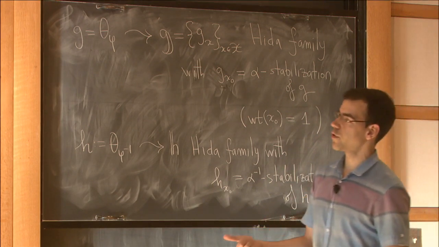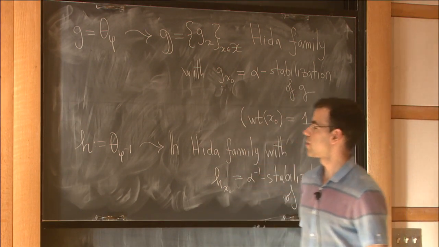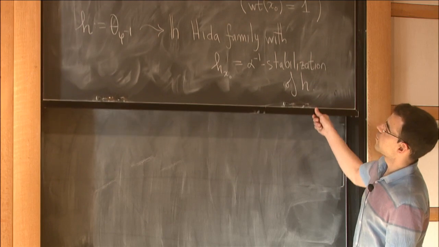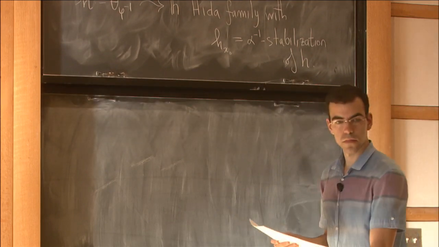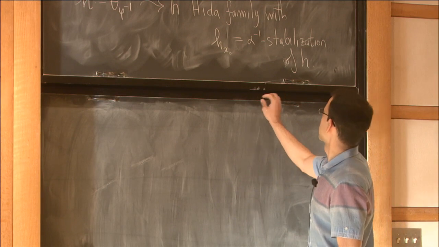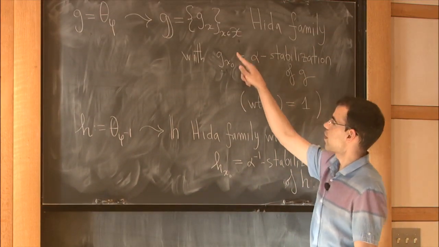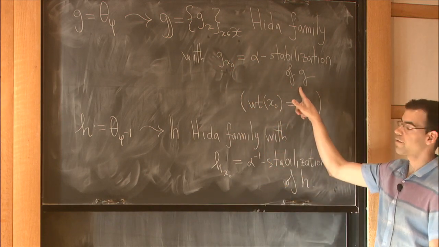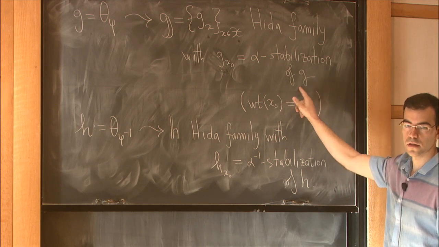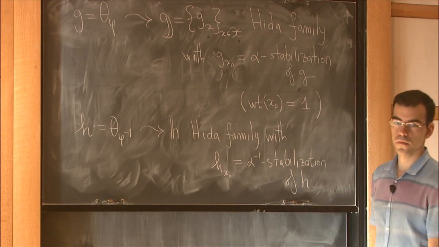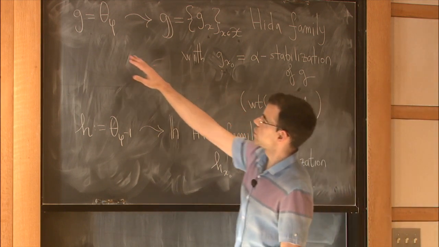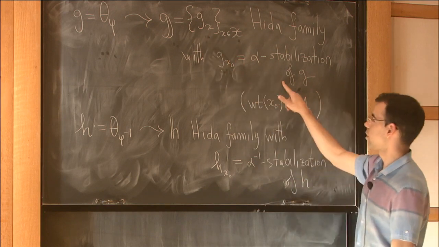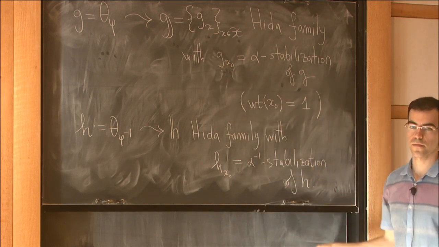So I have f attached to our fixed modular form, and I have considered these two weight 1 forms, which I put in a family, both g and h. What is x naught? X naught is some point in weight space, so that when you take the corresponding element in the Hida family, it recovers the alpha stabilization of g. When I put g in a Hida family, there will be a unique x naught so that the corresponding element in the Hida family recovers the alpha stabilization of g.